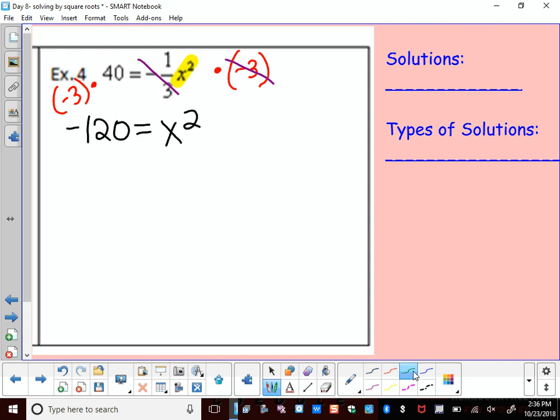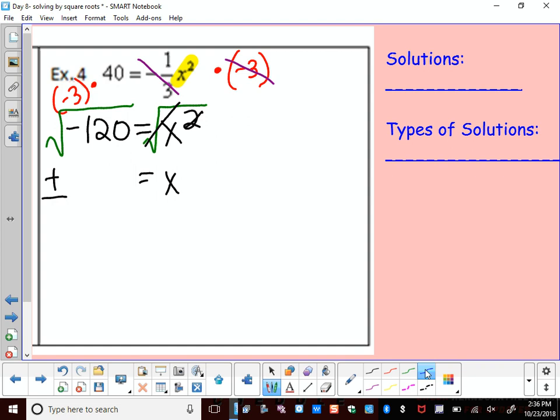How do I get rid of that x squared? Square root. You take the square root of both sides. So the square and the square root cancel out, so I have x equals, because I had to draw my radical, we know it's going to be plus or minus something. It looks weird because it's flip-flopped. Okay.